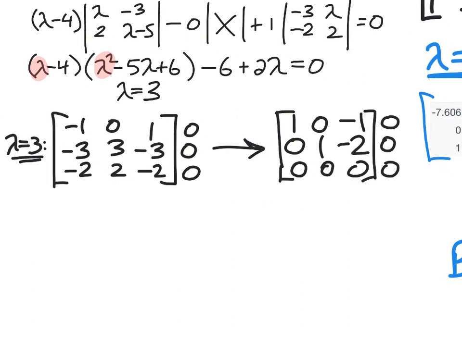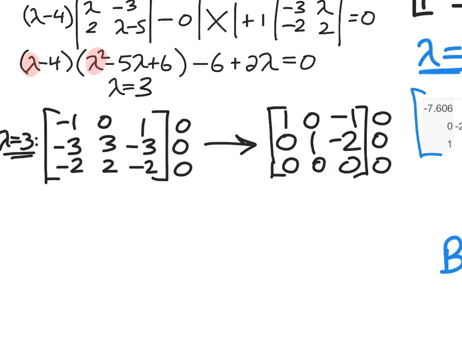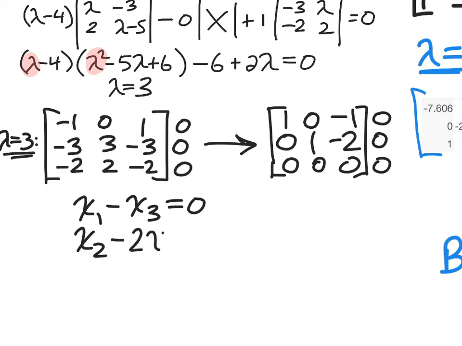Since we only have one eigenvalue, there's only going to be one eigenvector, but we should still state what that is. So this is the same as saying x1 minus x3 equals 0, x2 minus 2x3 equals 0, and x3 equals x3.